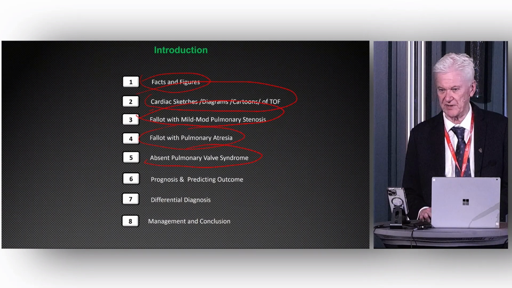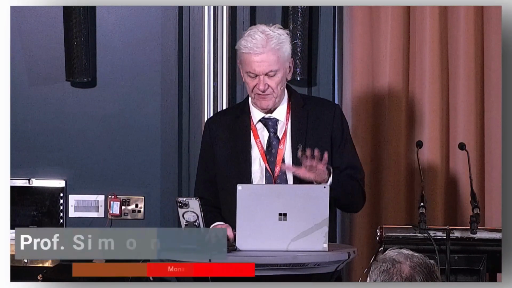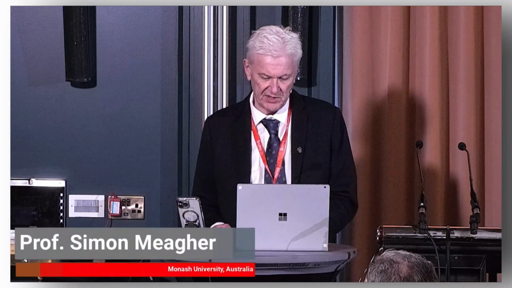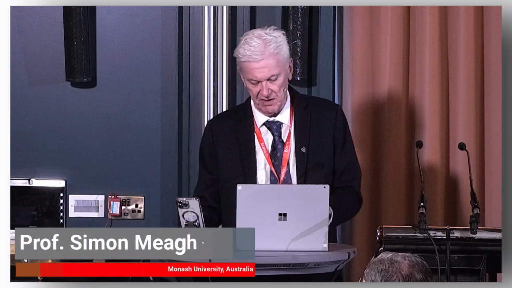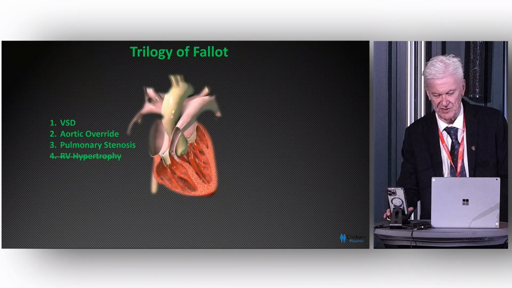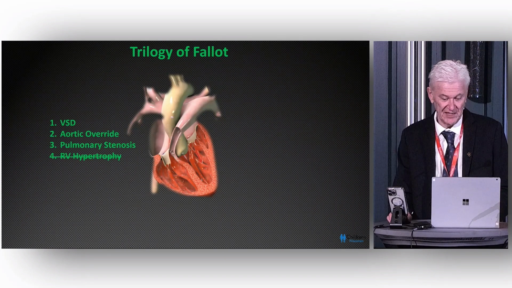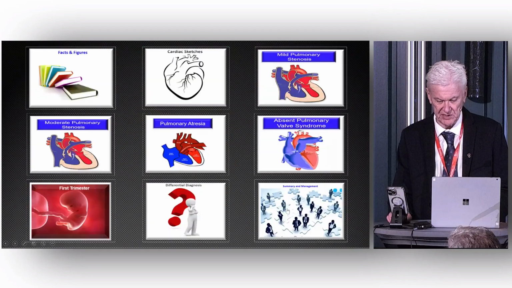It's not crystal clear, but I've hopefully condensed it into three key categories in assessing the prognosis when you're faced with a diagnosis of Tetralogy of Fallot, isolated or otherwise. Tetralogy of Fallot has four components, but the right ventricular hypertrophy is not seen prenatally, so prenatally it's really the trilogy of Fallot: the VSD, aortic override, and pulmonary stenosis.